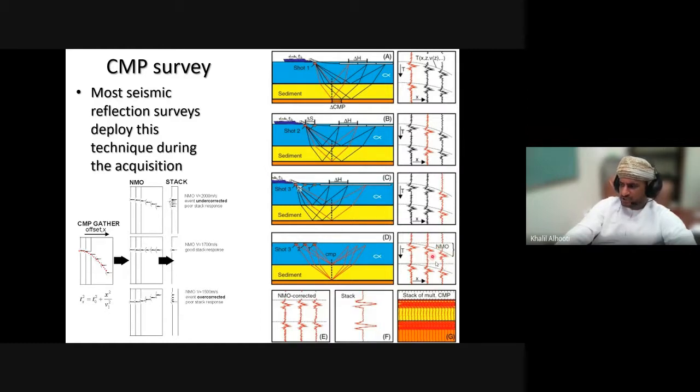And how can I correct it? I need to pick the right velocity. Because this is the time difference between T naught, the time at 0 offset, and any other offset. It follows the equation of a hyperbola.